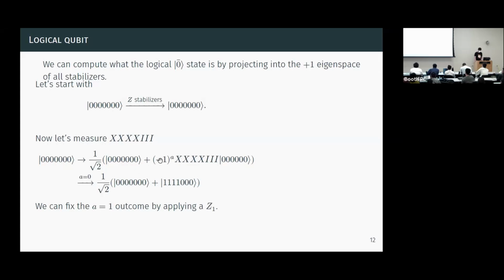Luckily, we know what the phase is, so we can correct it by applying a one-qubit Z operator. More generally, you can post-select on the outcome 0, because there is such a correction you can apply, so that simplifies the tracking I have to do. I'm not going to continue too much, but there's a homework question, so it will help you.